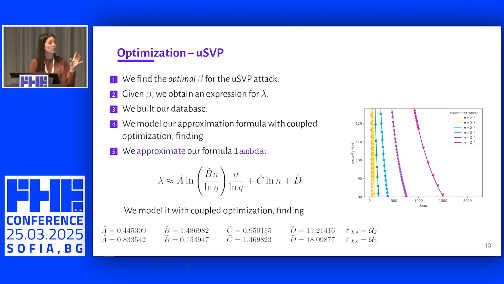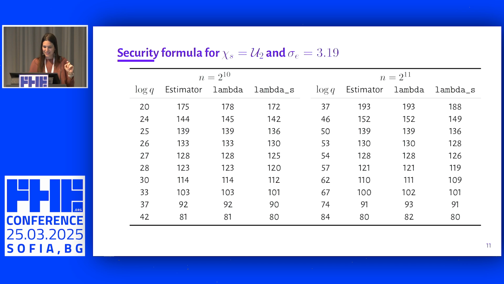Just to show how close our formula is to the lattice estimator result. In the plot, the points are the lattice estimator results coming from our database, and the curve is actually our formula. And here I just show a table for the binary distribution.